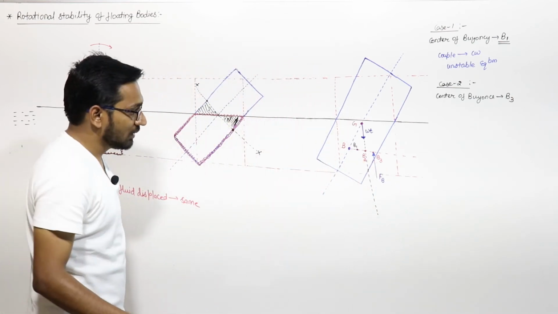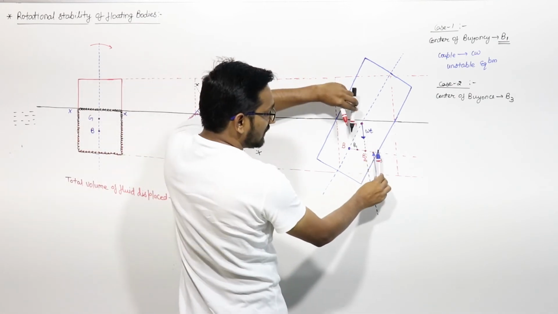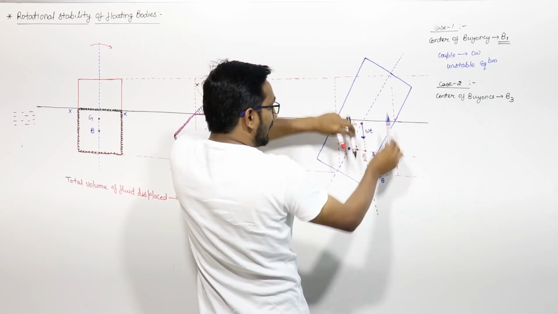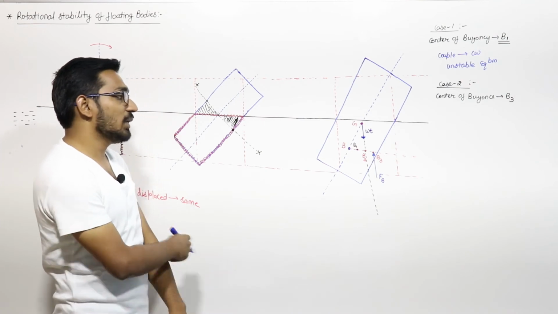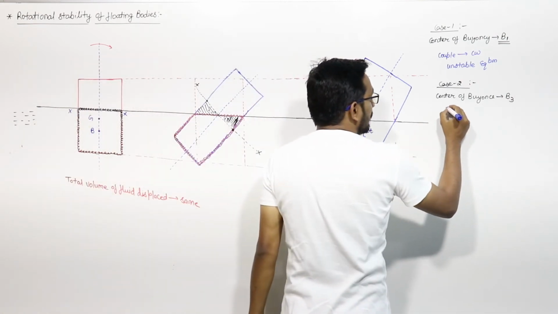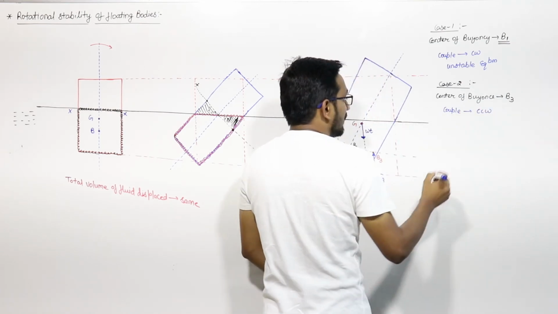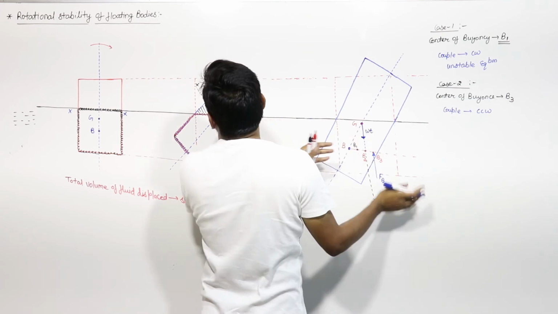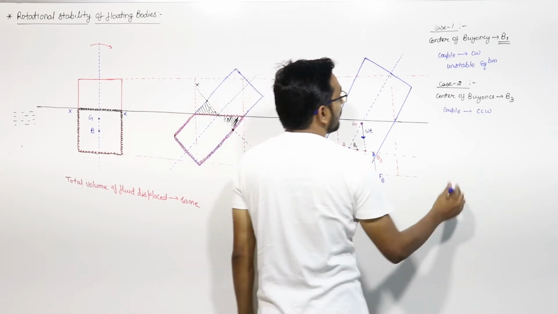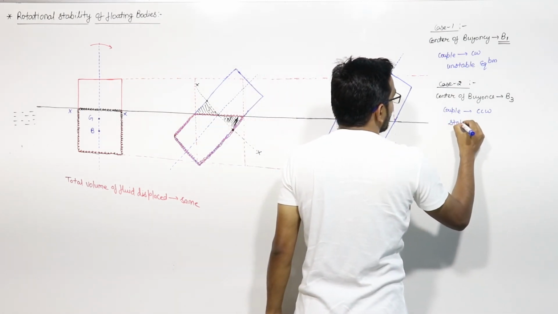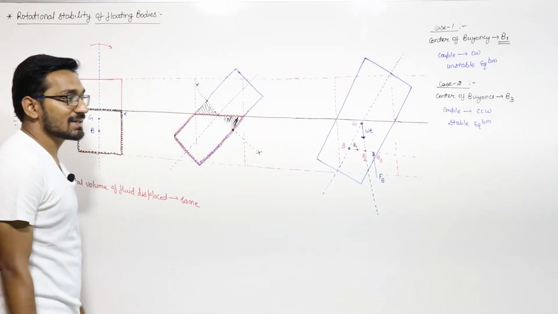This is acting in the upward direction, this is acting in the downward direction. You will get a couple in the anti-clockwise direction. So if you tilt it in the clockwise direction, the restoring couple will be in the anti-clockwise direction. So you can say it is a stable equilibrium.